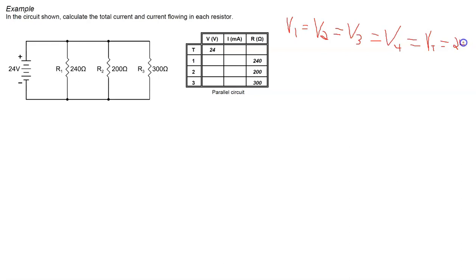And so if we take that 24 volts and we go to our VIR chart and we write in 24, one of the things that we might realize is that we don't need to start with total current or total resistance here, because we have the voltage drop across each resistor and the resistance value.